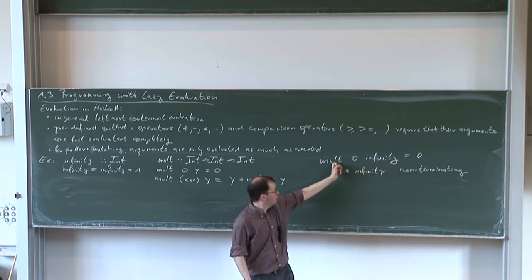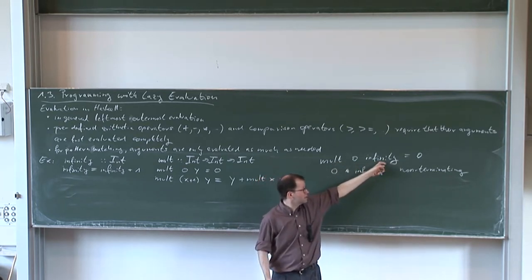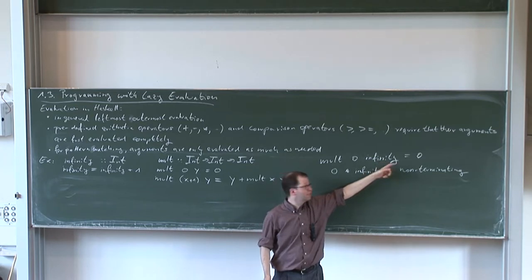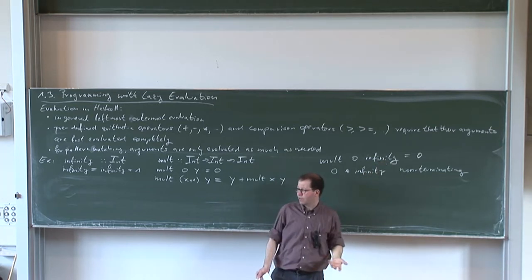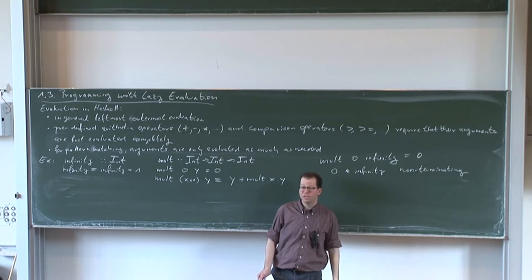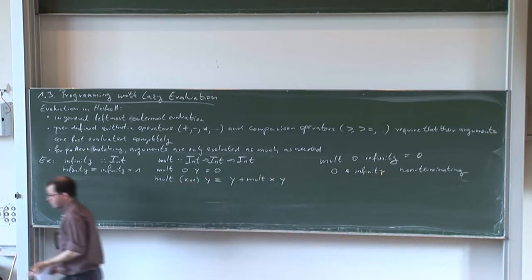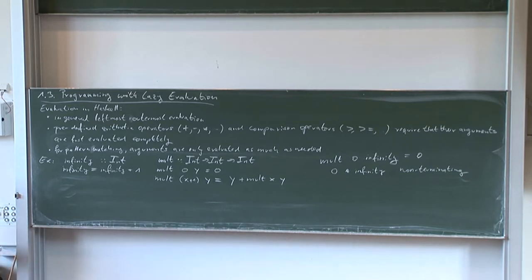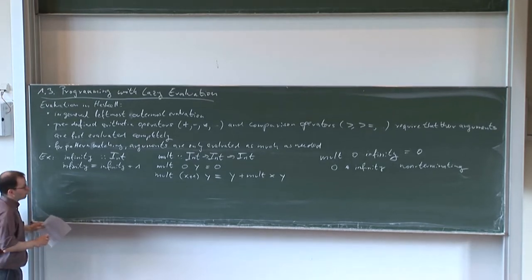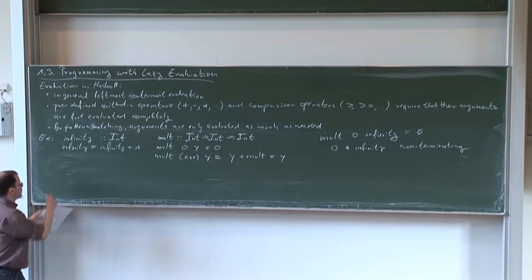And then if you want to compute multiplication of 0 and this very time-consuming expression, you would get 0 in 1 step if you do lazy evaluation, and you would take a long time if you would do innermost reduction. So you have gains in efficiency, but moreover you can write programs that would be impossible if you didn't have outermost evaluation. Namely, you can compute with infinite data objects.